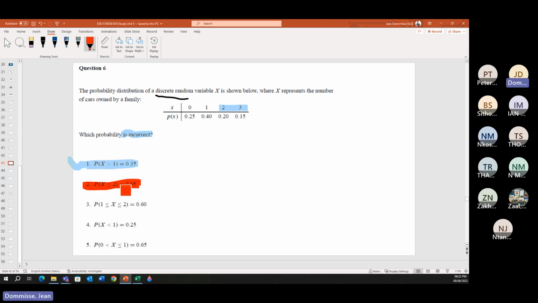Okay, probability smaller or equal to 2. So 0.2, 0.6, 0.85. Okay, so that is also correct. Then probability of smaller or equal to 1. It includes 1, so it is those two, so it's 0.6, which is correct.